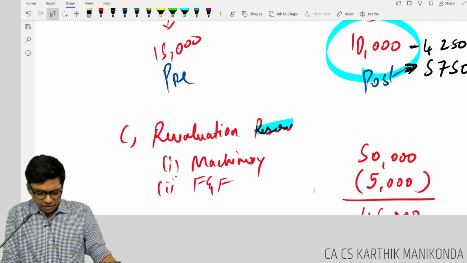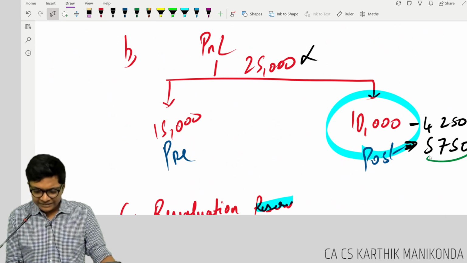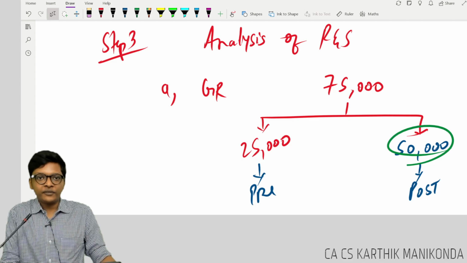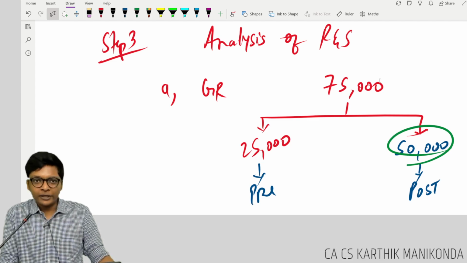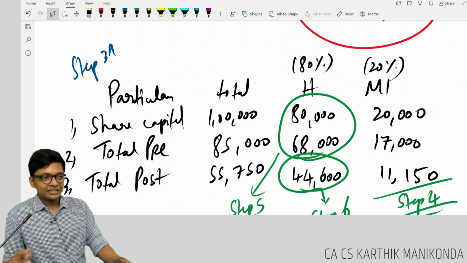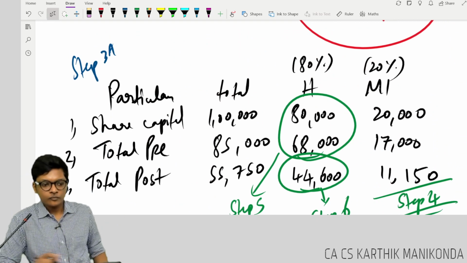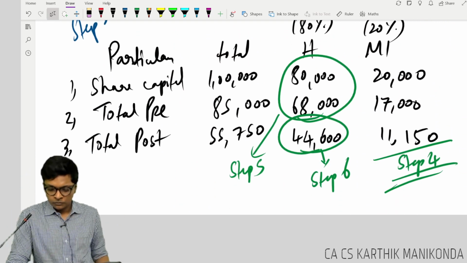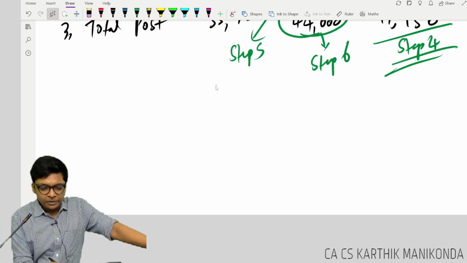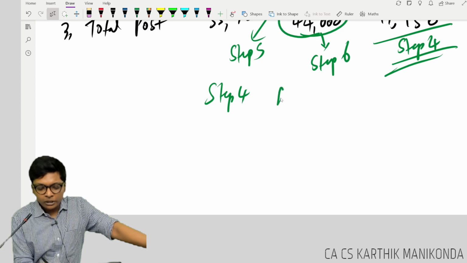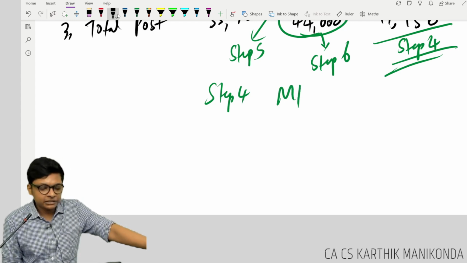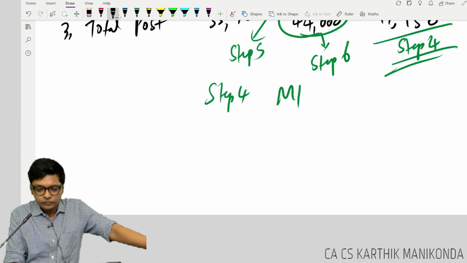Post acquisition is nothing but 5750 plus 50 of general reserve. Are you following guys? So I hope all of you got this table. So what is the total of, write down next step, step number 4, computation of minority interest. How much are you getting guys?